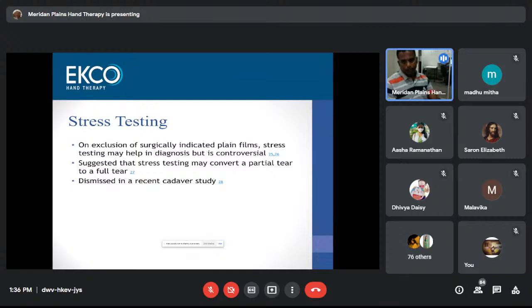Clinical examination on exclusion of surgically indicated plain films. Stress testing may help in a diagnosis, but it's controversial, like putting pressure on the ulnar side to see whether that can create pain or tenderness, or taking a plain X-ray under stress loading.